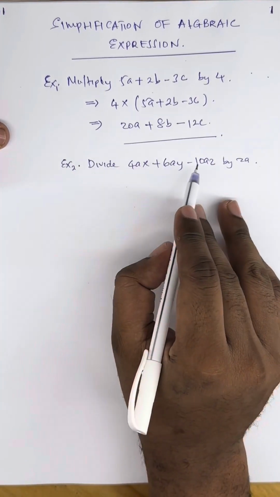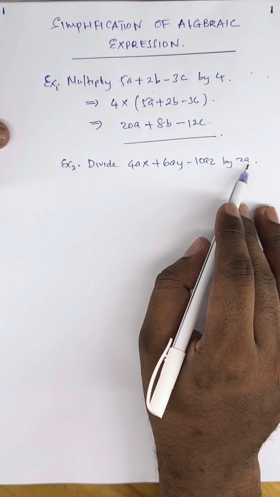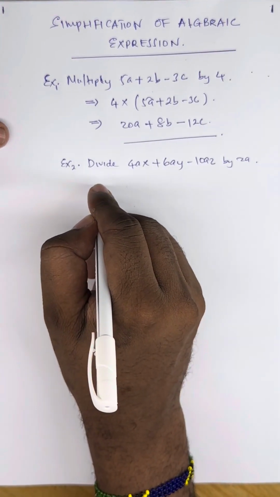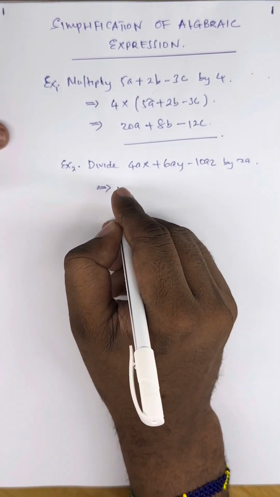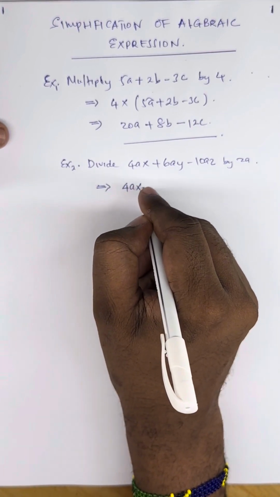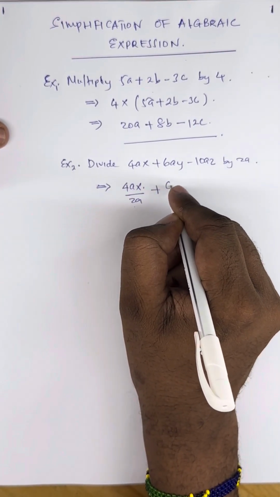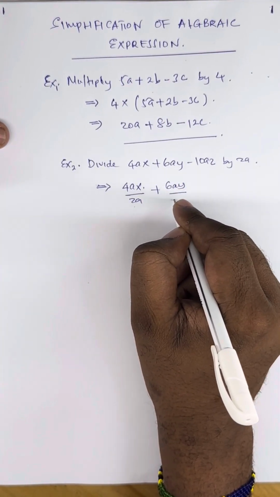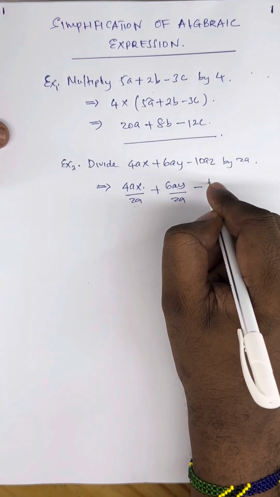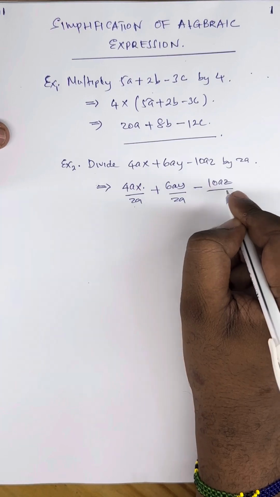This is an algebraic expression, but you need to divide it by 2a. So your solution has to be 4ax divided by 2a, add 6ay divided by 2a, minus 10az divided by 2a.